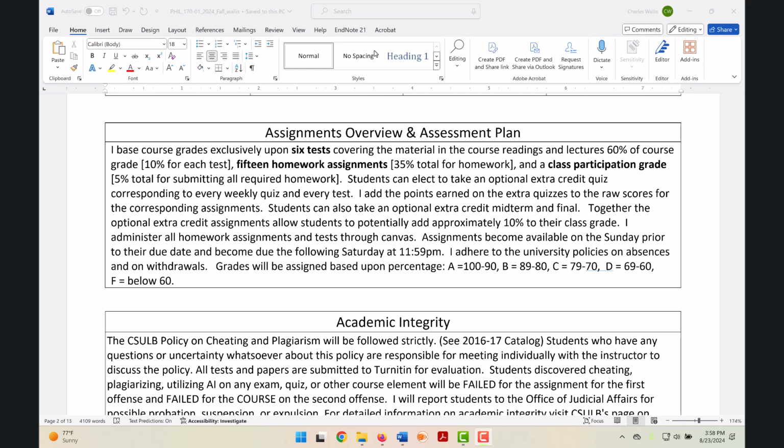Again, I strongly recommend that students try to complete all of the extra credit quizzes and try to take those quizzes before taking the required quizzes or tests. I also strongly recommend that students read and adhere to the AI and academic integrity policies on the syllabus. I want to take a moment to emphasize that this is an online-only asynchronous class.